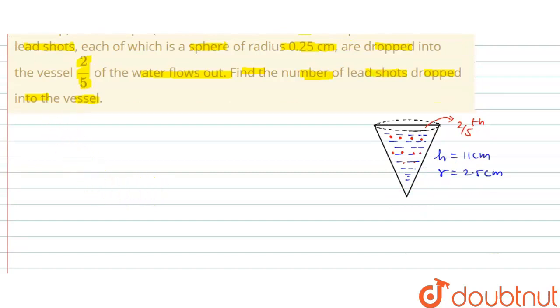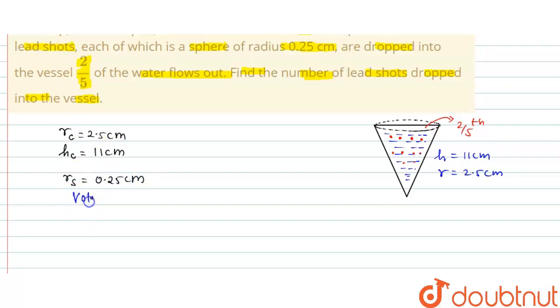So you can write here the given values: radius of cone equal to 2.5 centimeter, height of cone equal to 11 centimeter, and radius of sphere, which is the lead shot, is 0.25 centimeter. And we know the formula of volume of cone and volume of sphere.